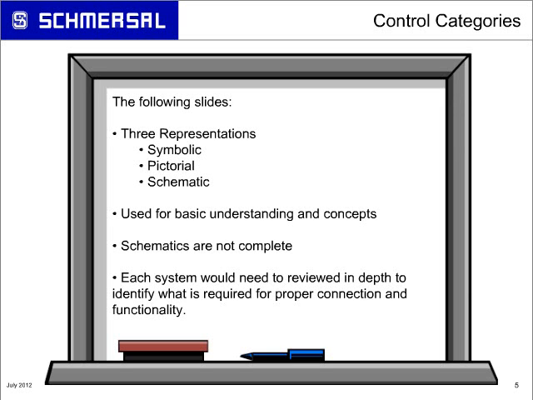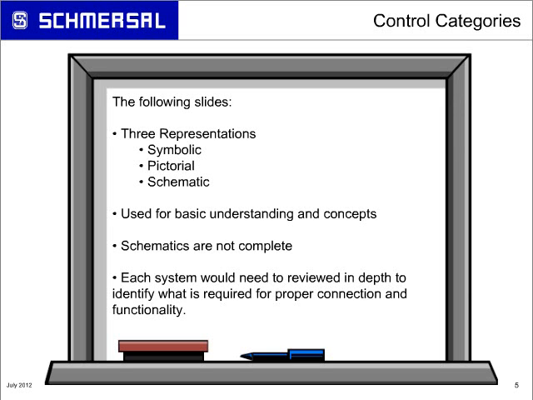I just want to make sure we're clear with everybody, these aren't complete schematics that we're showing you. There's more to it. There's more technology out there. But we want to show the overall concepts to get a clearer understanding of the flow and what you're looking for in the different control categories.